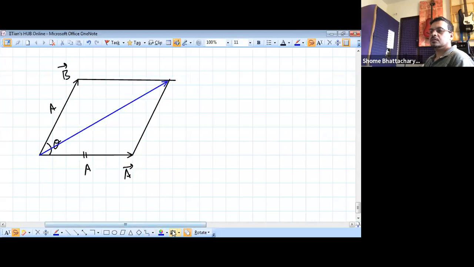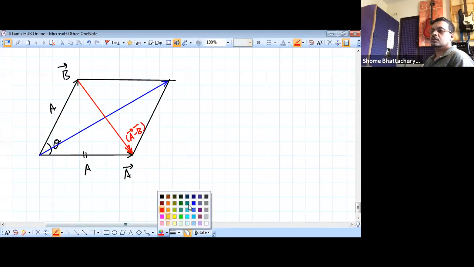Let's try to make as accurate a diagram as possible without going to actual measurement and all that. So this looks reasonably accurate. So this is the vector A minus B, this one pointing like this, and this one here is the vector A plus B.